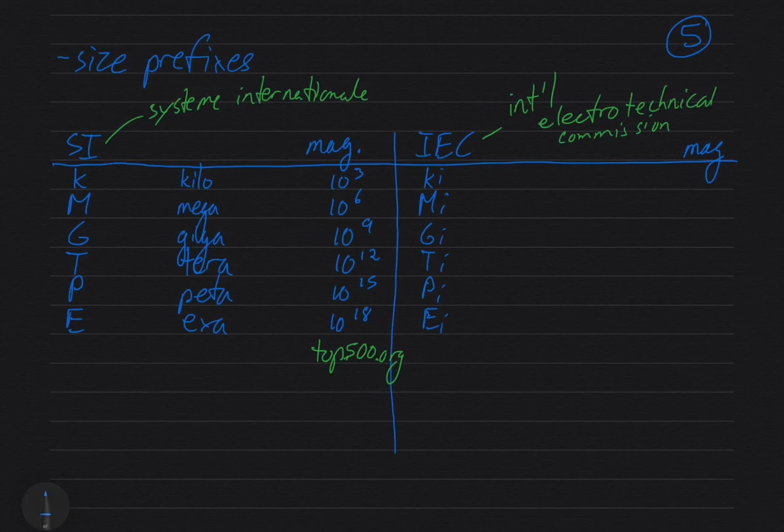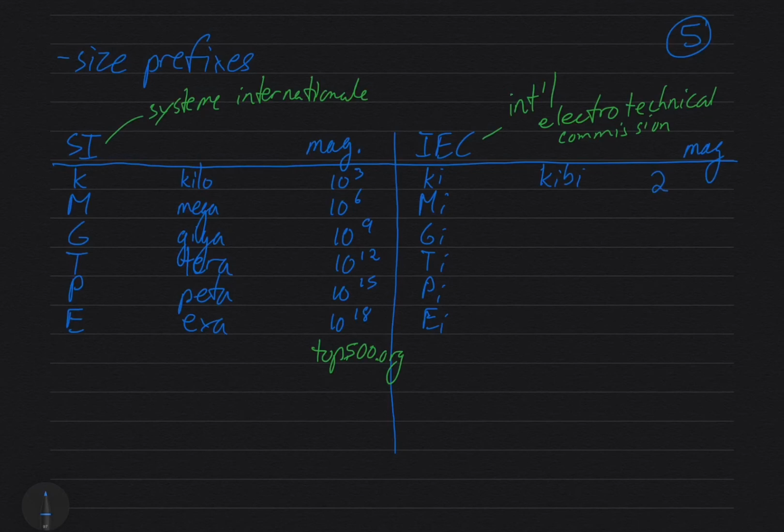I mean, if you've been writing notes for this section of my notes, then you've seen that I've used kibibytes and mebibytes and I think tebibytes so far. So Ki, the way it's said, is kibi, and these are powers of 2, hence the bi for binary.